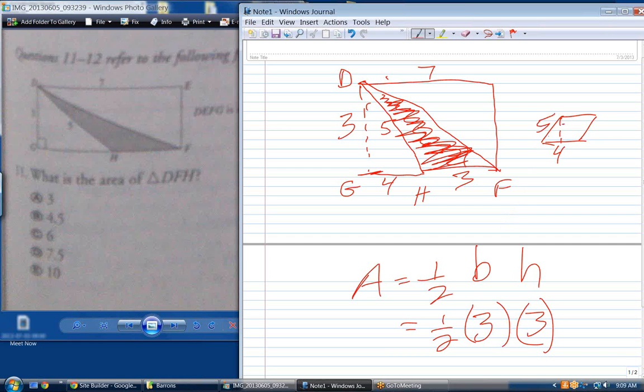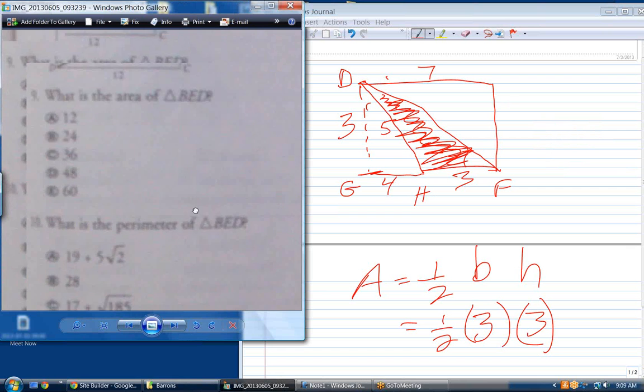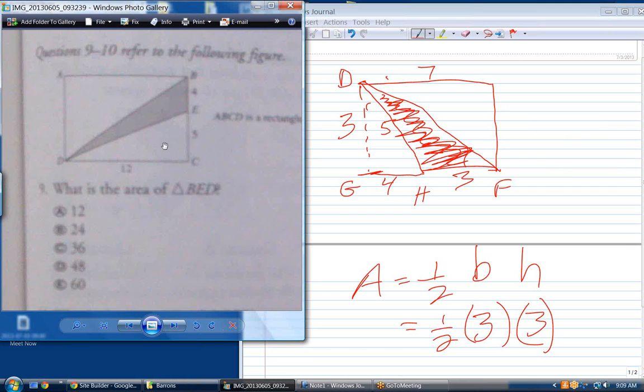It would be whatever this vertical height is, 3. Same thing for a triangle. It's always the vertical height. Okay? So let's go back to this one. This is not our base. This is not our base. Neither BD or DE is our base.